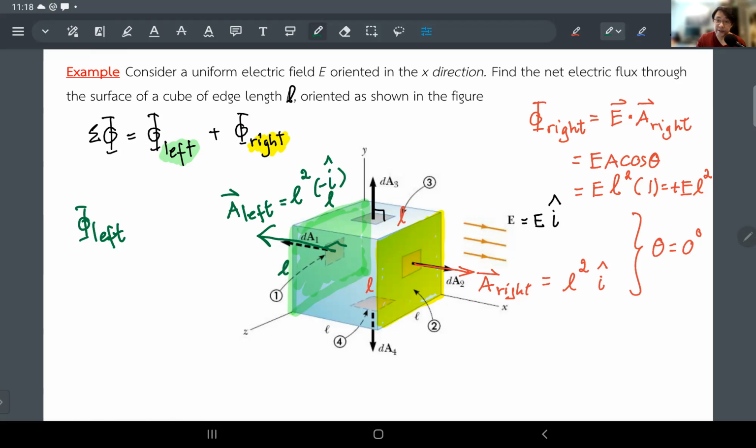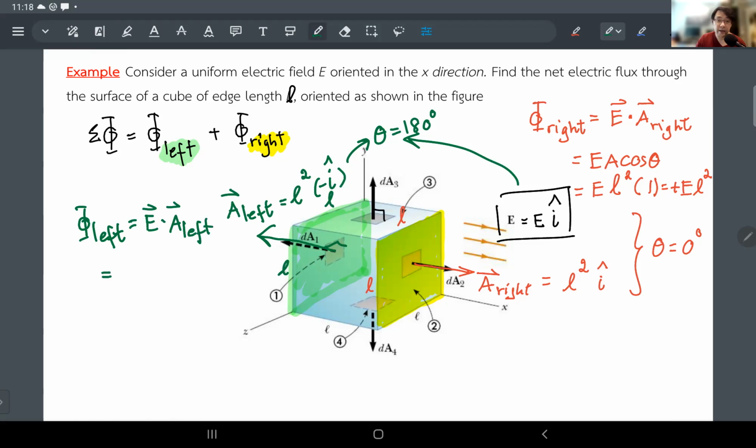However, the electric field is still the same electric field anyway, so there's no change right there. So all I need: I know that from these two, the angle theta between them, let me put here and here, is going to be 180 degrees. So the net flux on this left surface is going to be E dot A left.